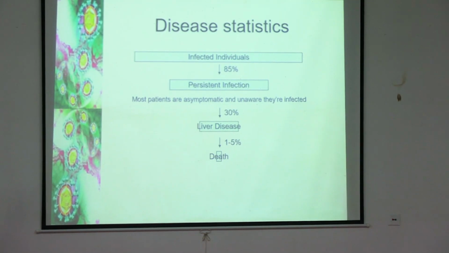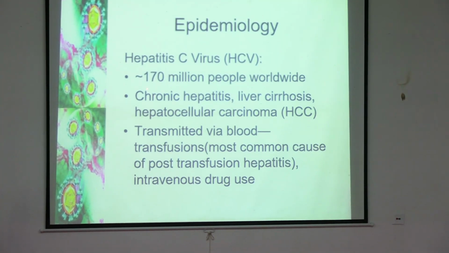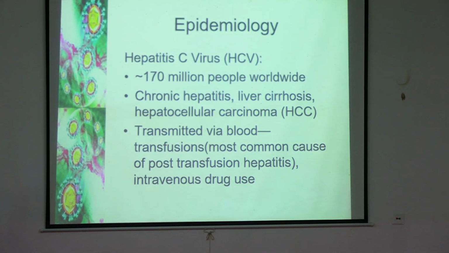Hepatitis C virus affects 170 million people worldwide. A lot of people get hepatitis C through dialysis and blood transfusion. It can turn into chronic hepatitis, liver cirrhosis, hepatocellular carcinoma. It is transmitted via blood transfusion, the most common cause of post-transfusion hepatitis, and intravenous drug use.